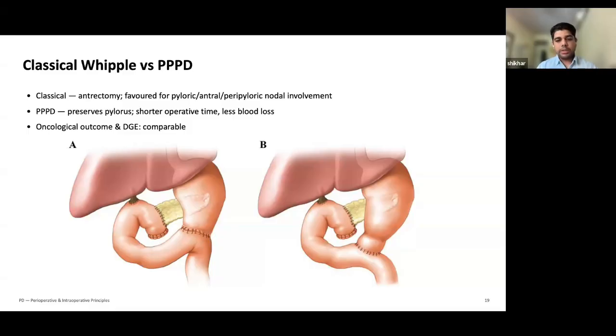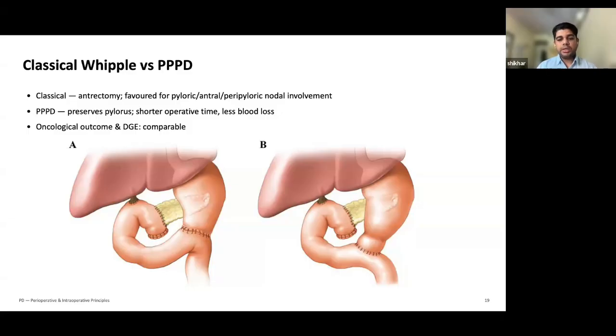The main concept: initially the classical Whipple's included the distal gastrectomy, which was mainly for clearance of the station 5 and 6 lymph nodes. Recent studies show that there is no added benefit in the oncological outcome.